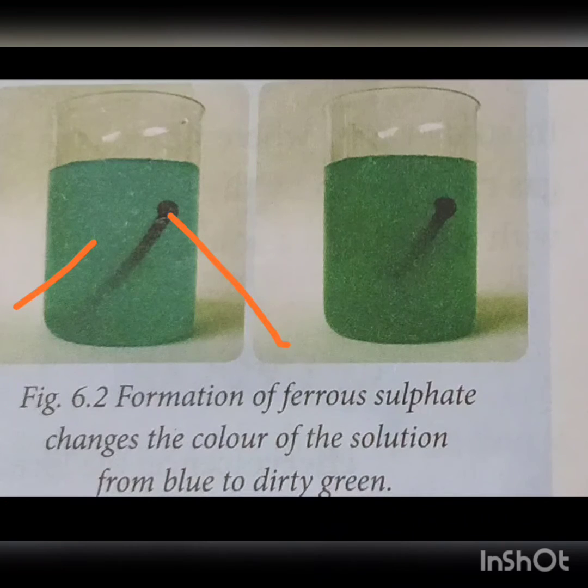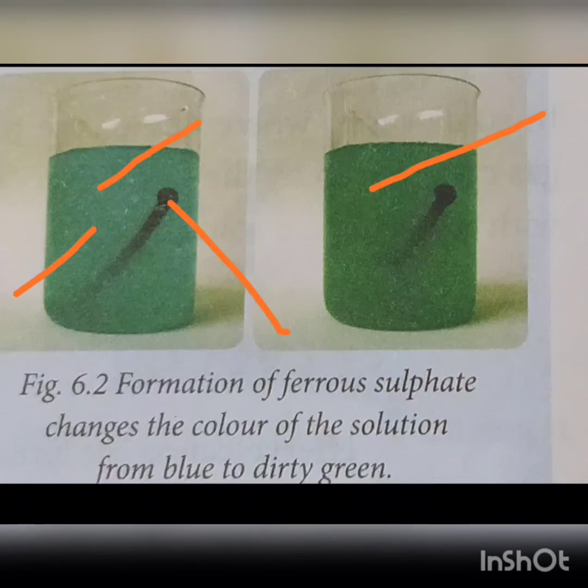We will observe that before putting the iron nail, the color of the solution was blue. After putting the iron nail, the color of the solution changes from blue to dirty green. This is due to the formation of ferrous sulfate.